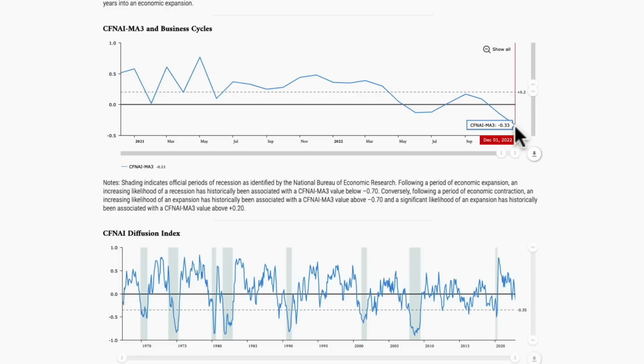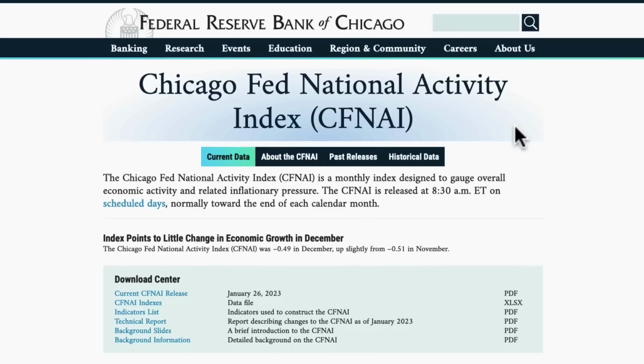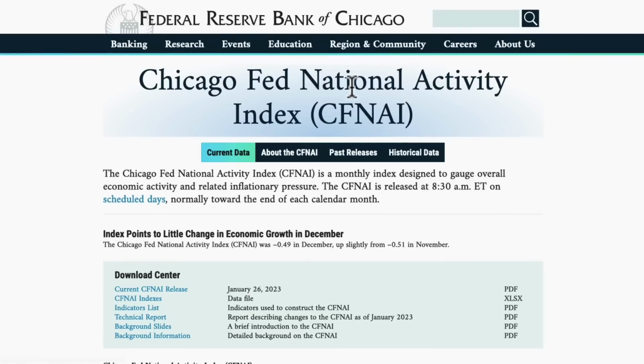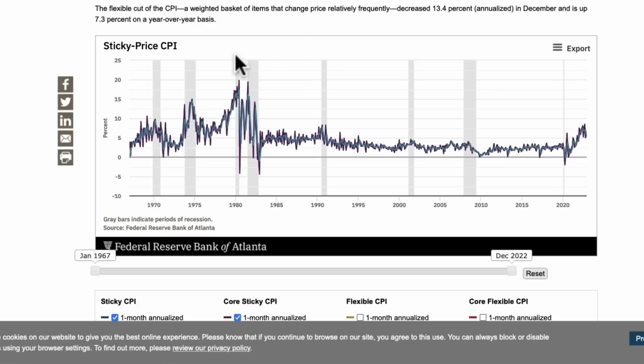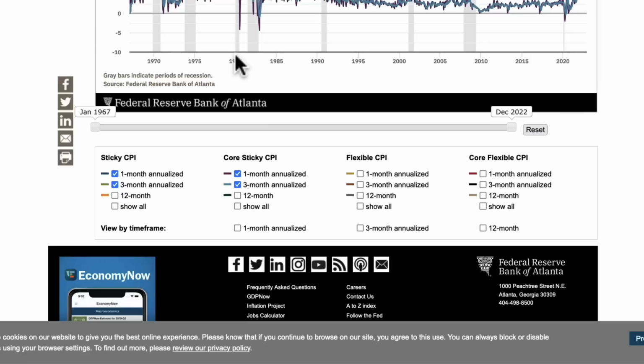So this is not quite signaling recession at this point in time. Both of these links for both of what I've shown you is in the description box. We had PCE as well, so let's have a look at something here for CPI, and we'll have a look at some components of PCE in a few seconds here.